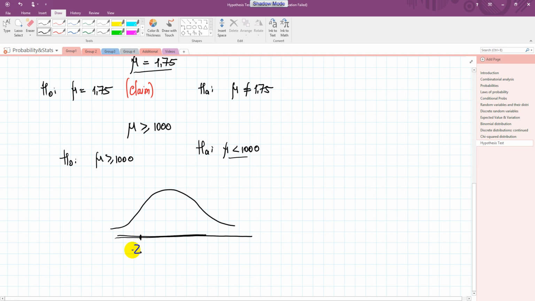We took a sample, we calculated the sample mean. We calculated the z-score for the sample's mean. And the area more to the left of the z is going to be the p-value. Okay? Why? Because the sign of the alternative hypothesis is less.